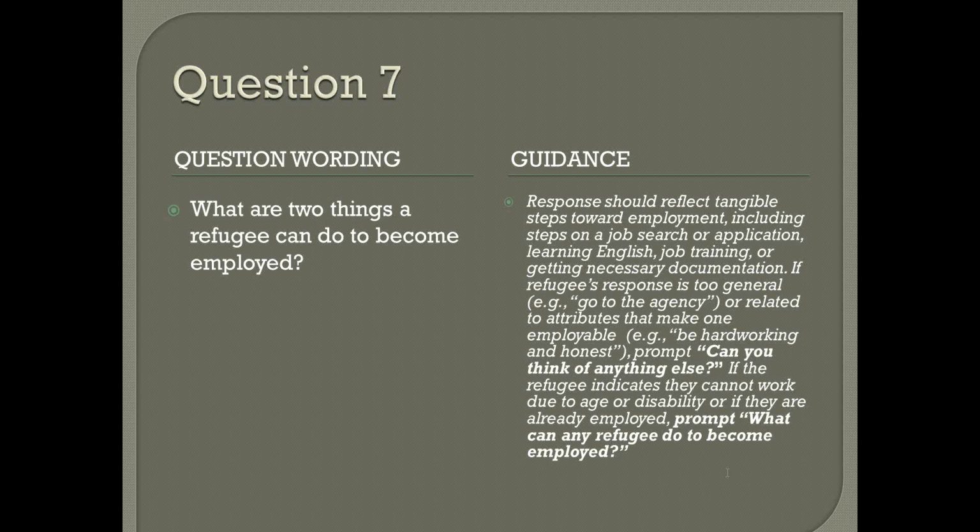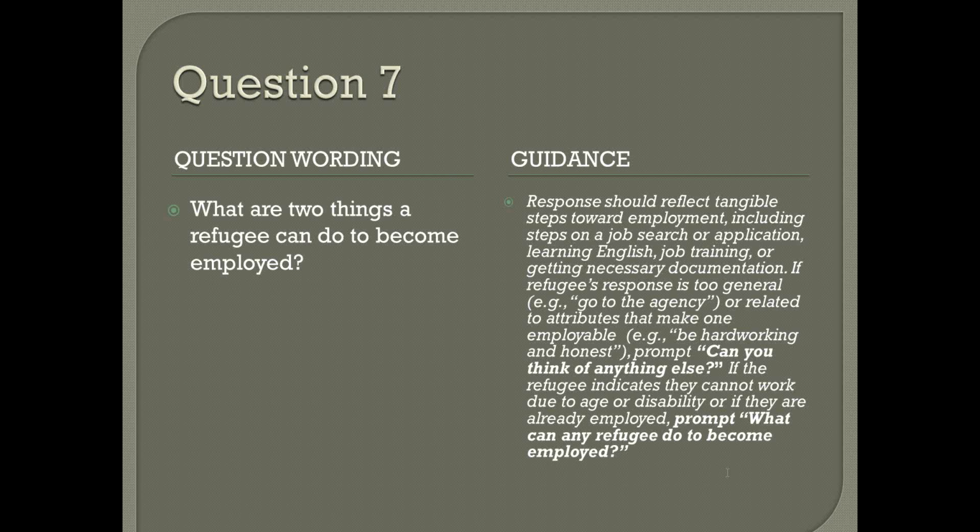All right, so let's talk about some of the incorrect answers. What have you heard that has either been too vague or incorrect? All right, so maybe they just mentioned the resettlement agency.